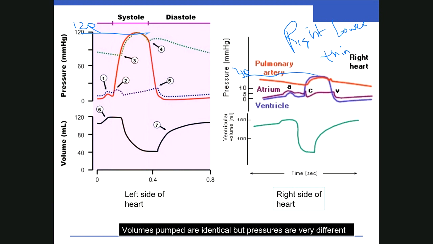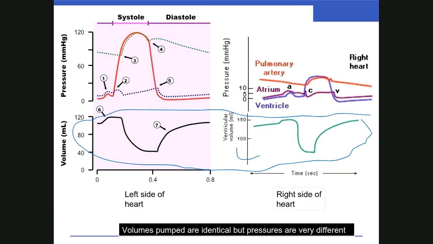But there's one thing on these two graphs. Everybody look at them. This is different from that. This is different from that. This is different from that. Everything is different except one thing. And the one thing that is not different is this. It's exactly the same.